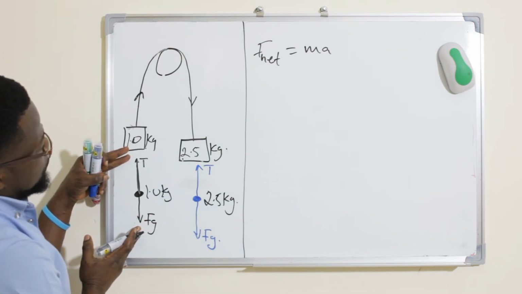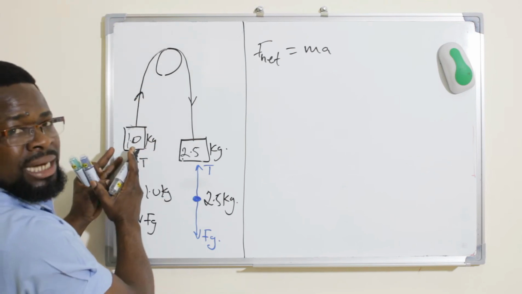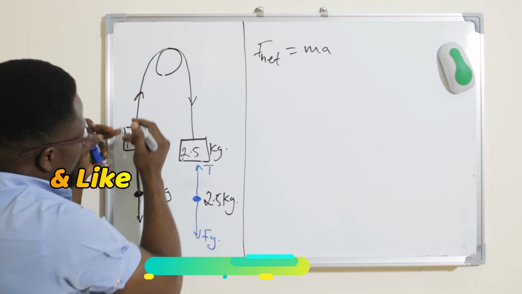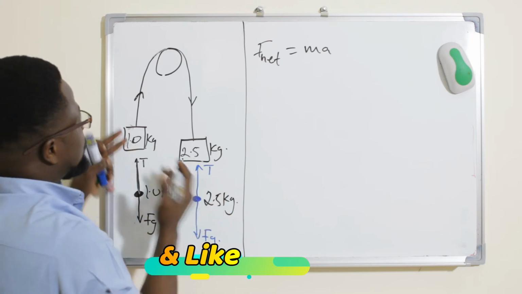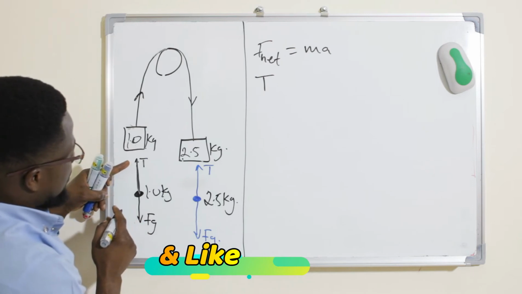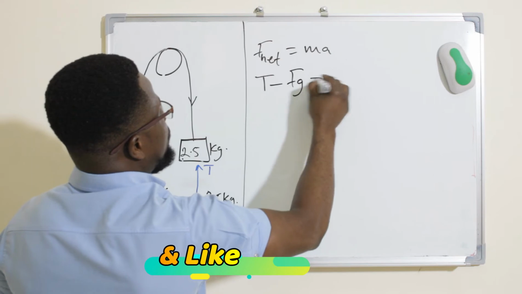But where is the object going? It's going in upward direction. So we will consider the force going in the direction of the motion as positive, while the one going opposite the direction as negative. So this is going up, tension is positive, and this is coming down, negative, equals to MA.